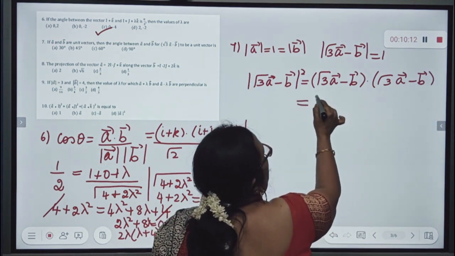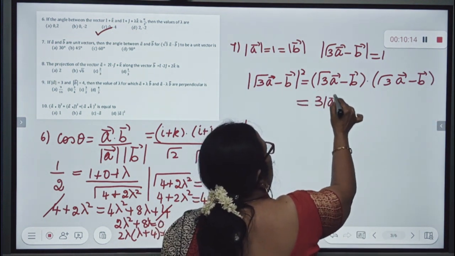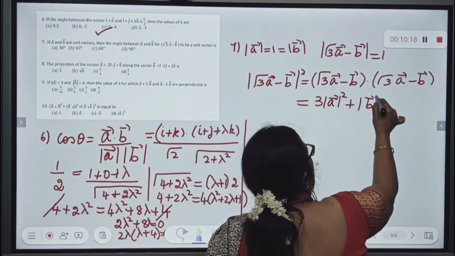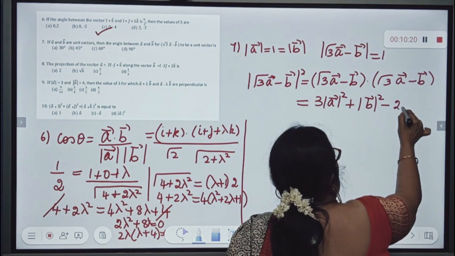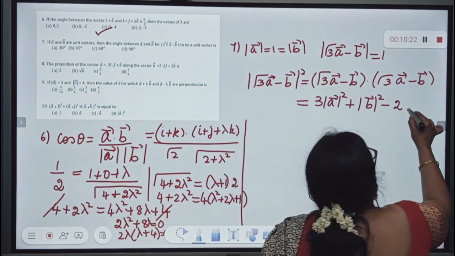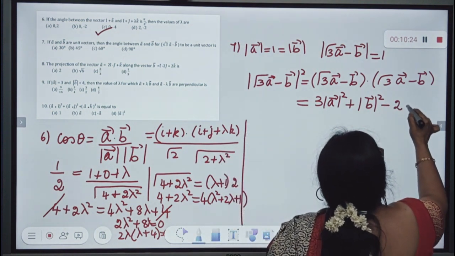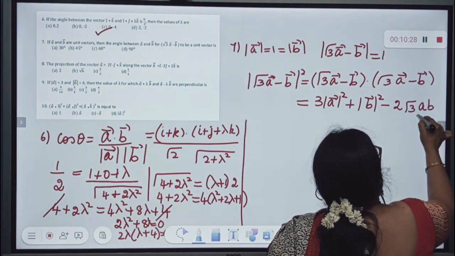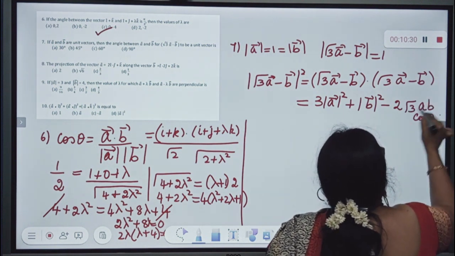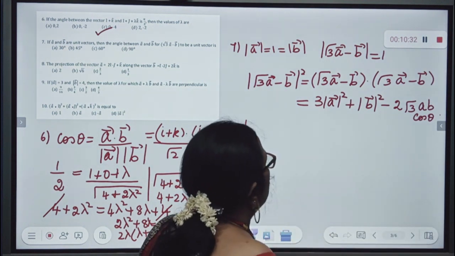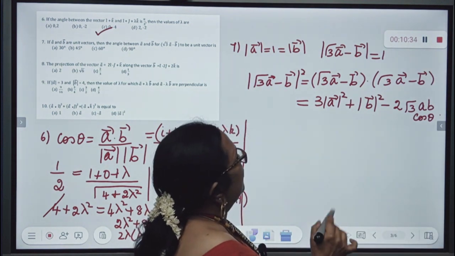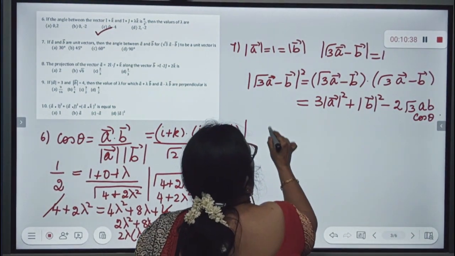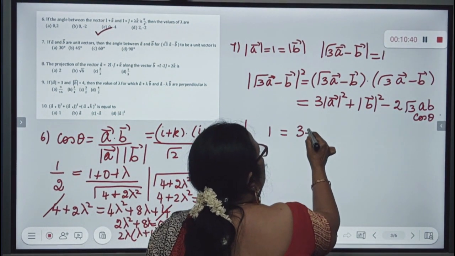This will be 3 into modulus of a square plus modulus of b square minus 2 times root 3 a dot b, which is ab cos theta. Now you know that a is 1, b is 1.